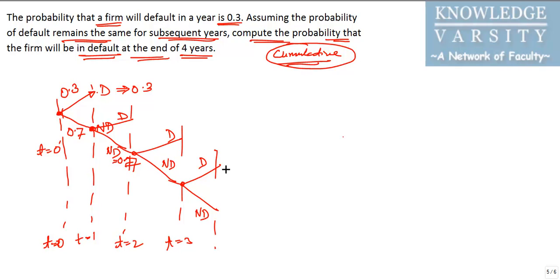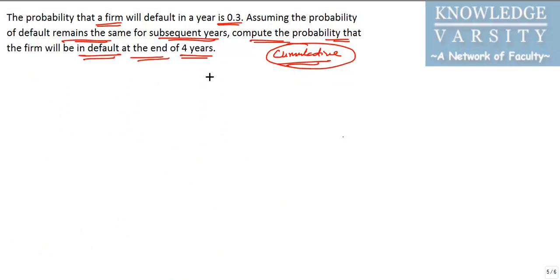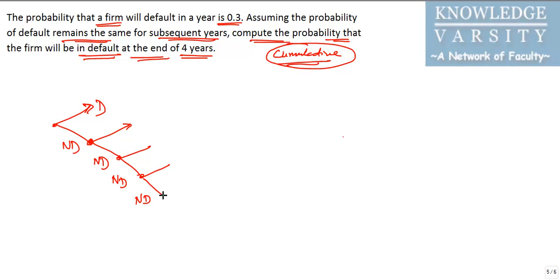If I draw the tree diagram much more neatly, it will look like this. Default, not default, default, not default, default, not default, default, not default.